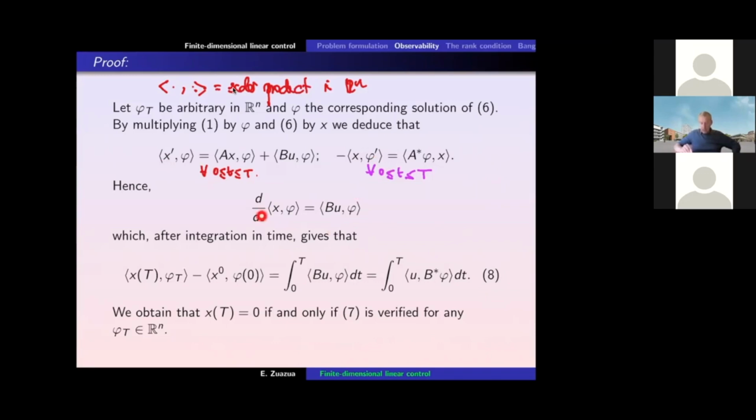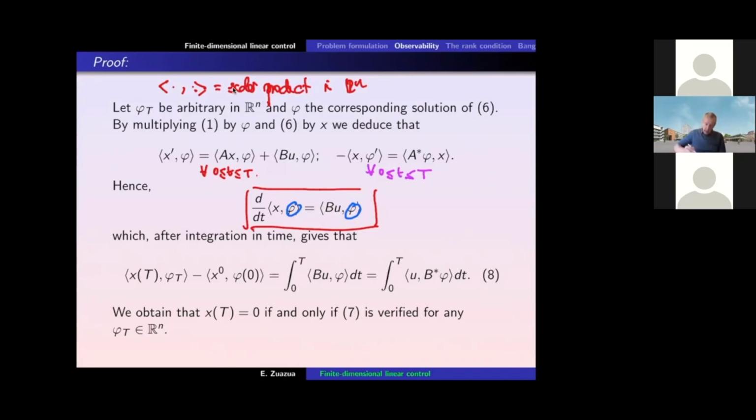What this equation is telling you is that when you look at the action of phi on the original system, you can track the projection of x on phi just by computing the action of the control Bu on phi. Fine. So this is a very nice identity.